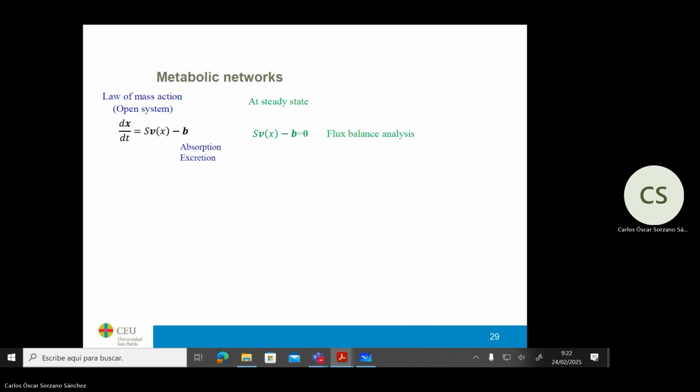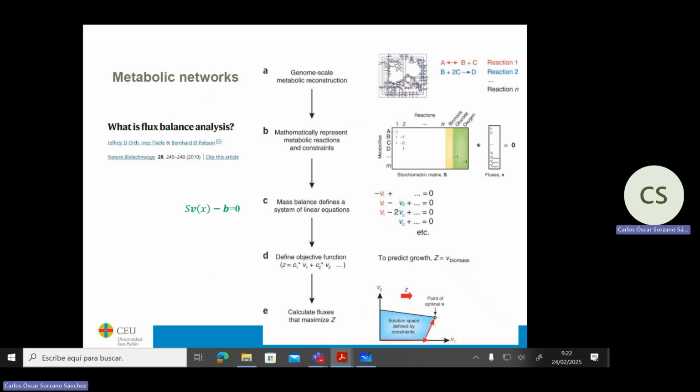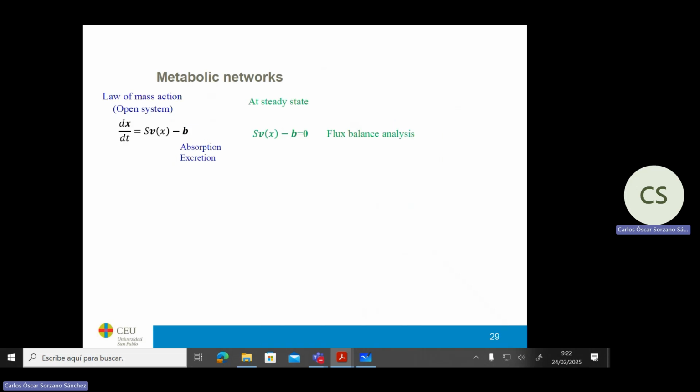Then, let's say that we have an open system now. An open system is not closed. We can have inputs from the exterior. We can also get rid of, or excrete, some of these species.